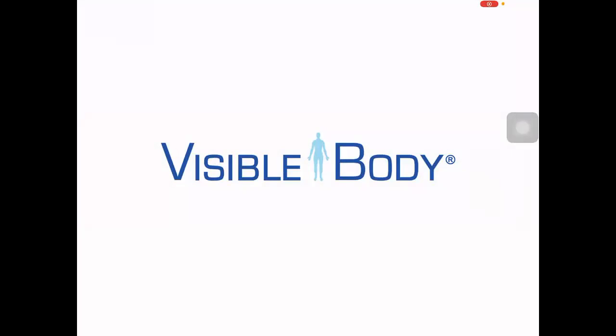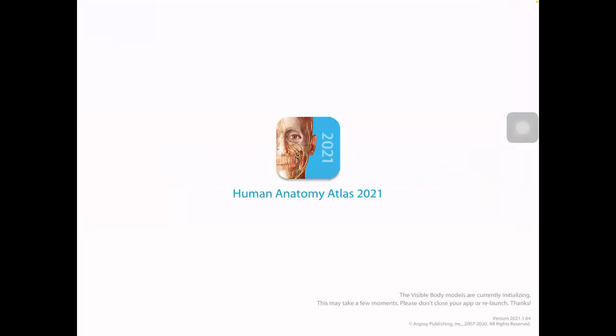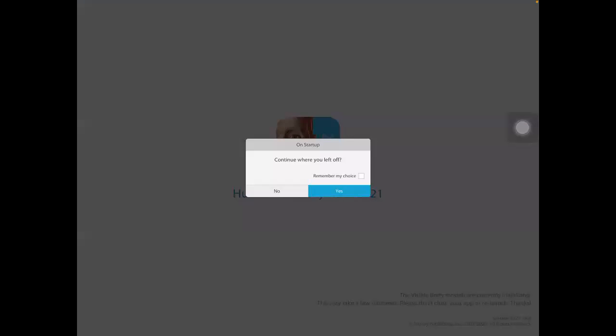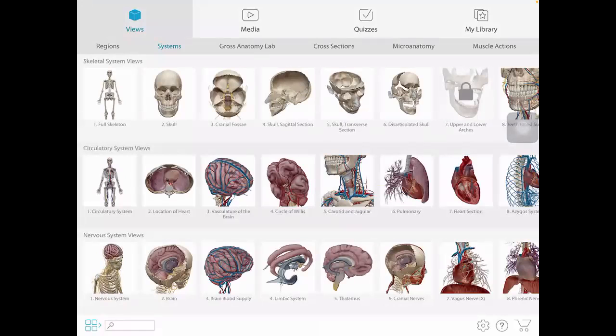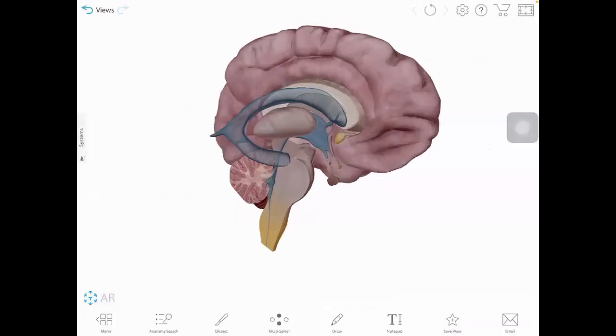It's a really good app specifically for people like us who are into neurobiology. So I'll show you this structure first, okay? And then I can show you other sections.